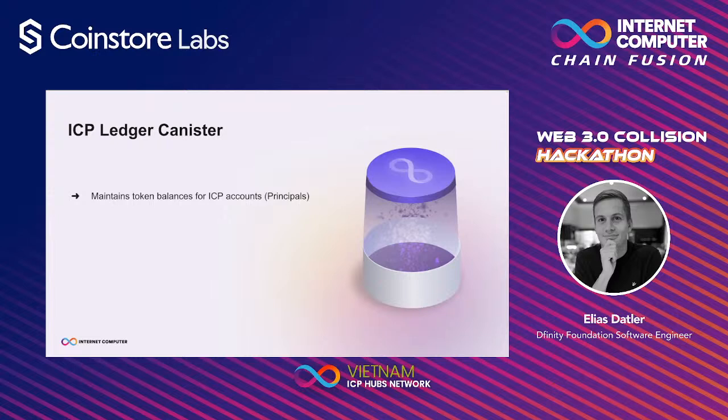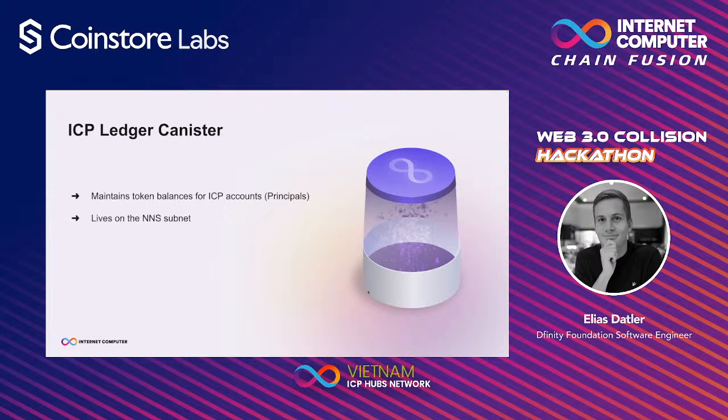But since ICP is so powerful, you can just write a small sub-blockchain, which is this ledger canister, on top of the big blockchain. So the ledger canister is just a normal canister, if you will, but it's only responsible for transacting those tokens.